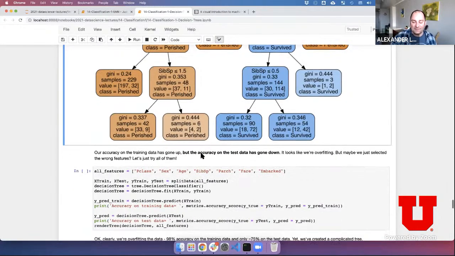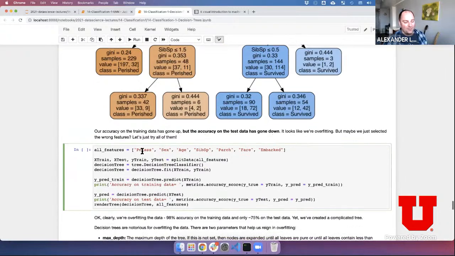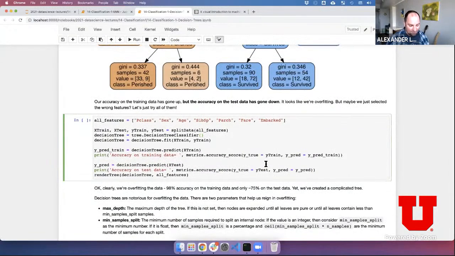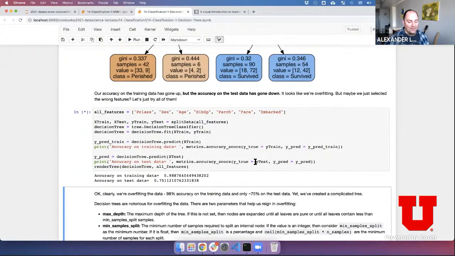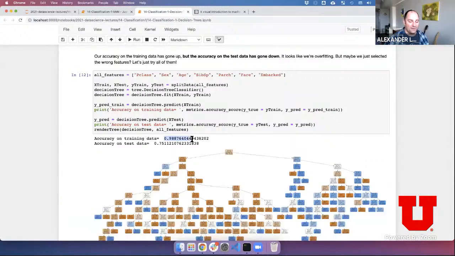So clearly we've overfitted. Let's try this with all of the features: class, sex, age, siblings and spouses, parents or children, fare, and embarkation point. If we do that, we get a pretty complex decision tree with a very high accuracy on our training data.